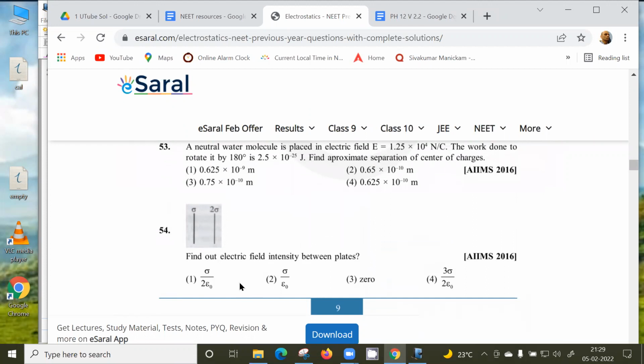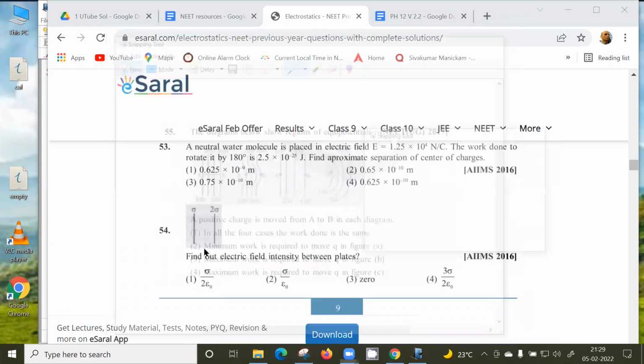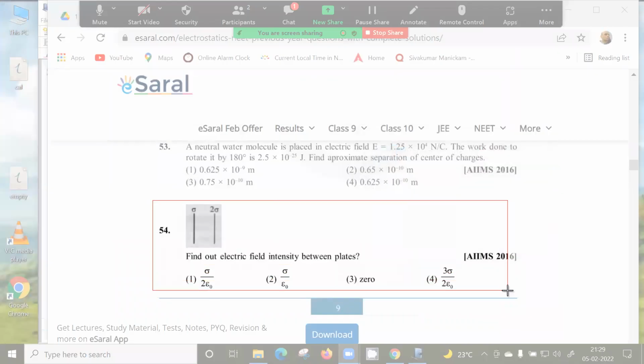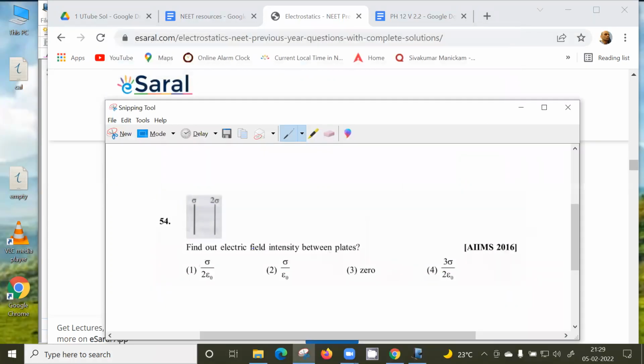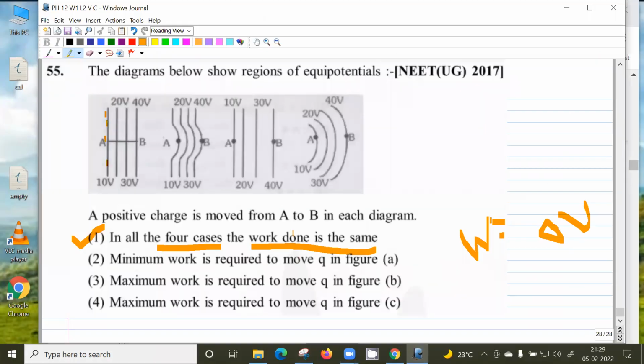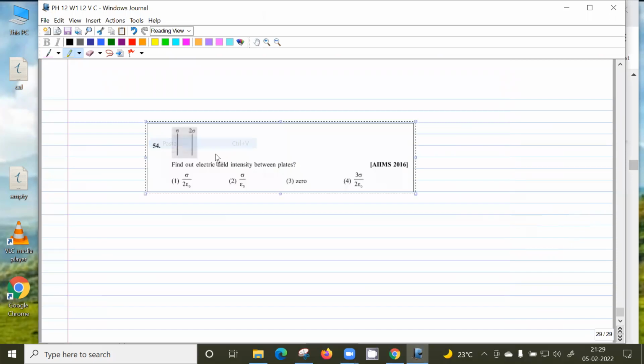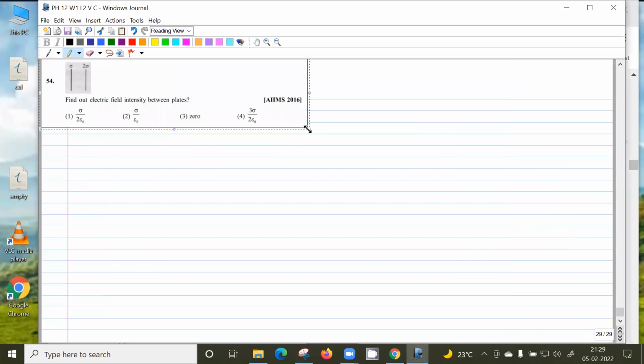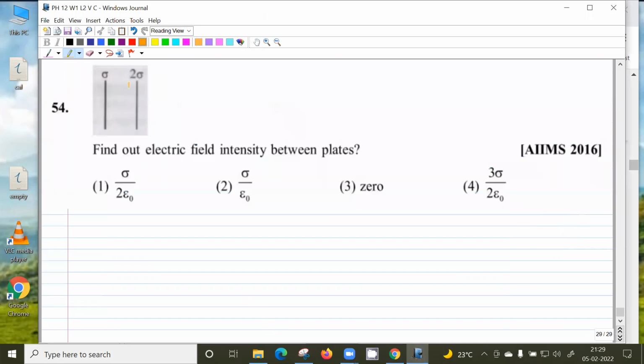What is the answer? What is the electric field here because of this plus sigma? Sigma by 2 epsilon naught, and the direction is this way, for a positive charge.